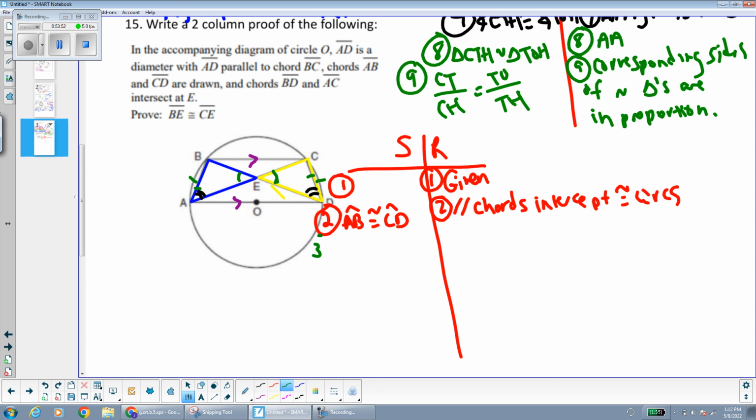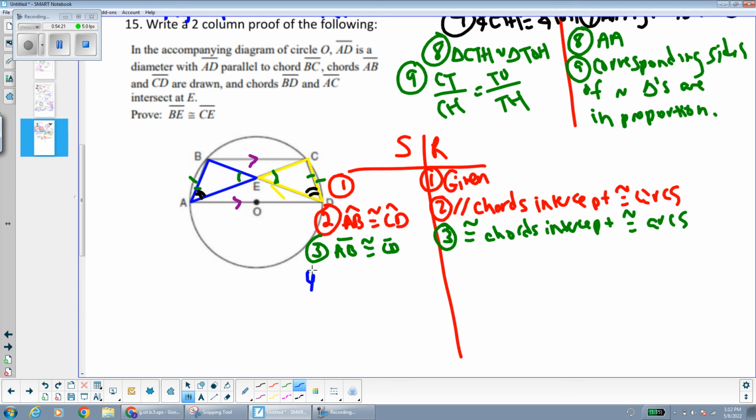Then from there, we knew that chord AB was congruent to chord CD. And that's because congruent chords intercept congruent arcs. So we knew that these arcs were congruent, so the chords that intercepted them are also congruent.